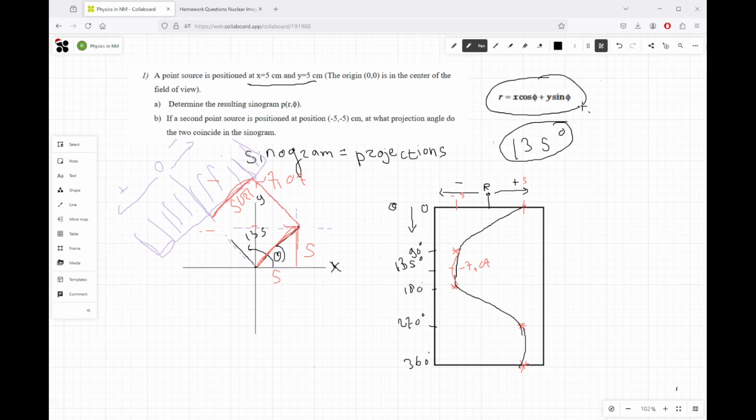But the thing with this equation is that if you want to get this value of 7.07, this equation assumes that this right here is the starting angle, which is 0. Which means instead of putting in the angle 135, you need to put in the angle 45 degrees in this equation.